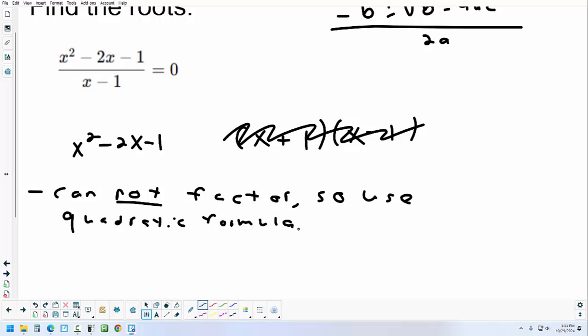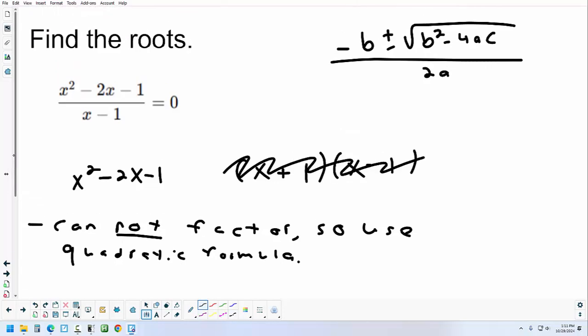Up in the upper right, I put down what the formula is: negative b plus or minus, there are two answers, the square root of b squared minus 4ac, all over 2a. So we have to identify what the a, the b, and the c are. This is a, that is b, and that is c.